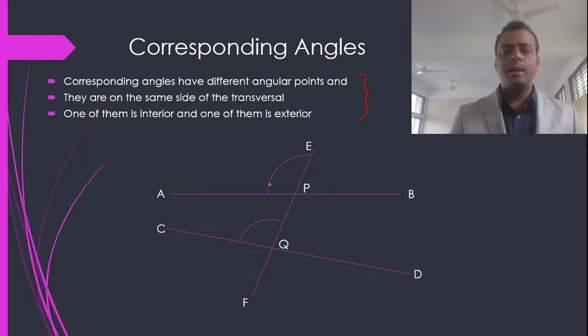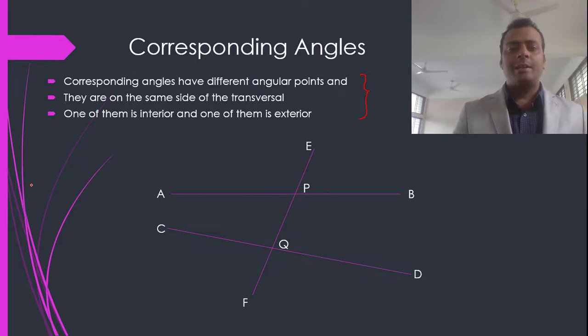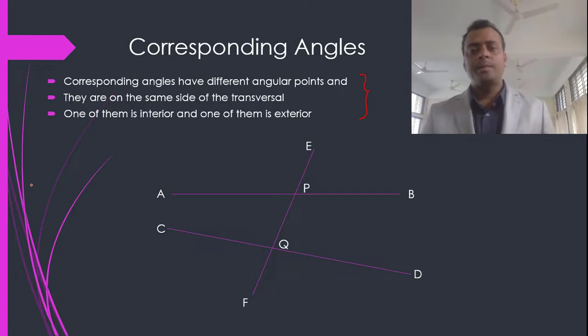Therefore, these two angles are corresponding angles. These are another two corresponding angles. You can see why. You can find another pair of corresponding angles. I hope you have a clear idea about corresponding angles now.